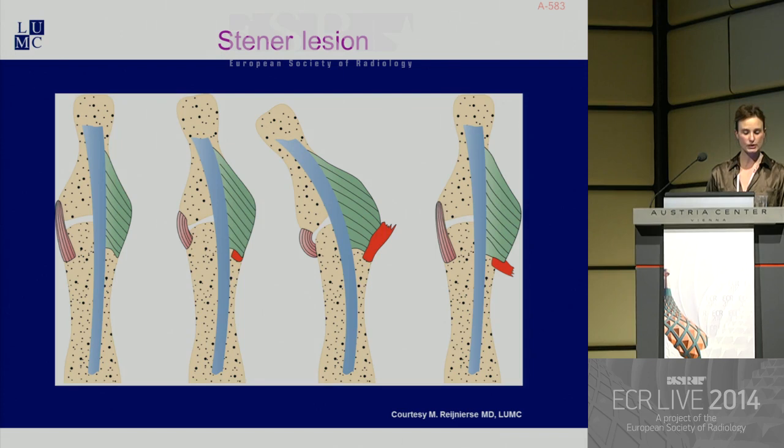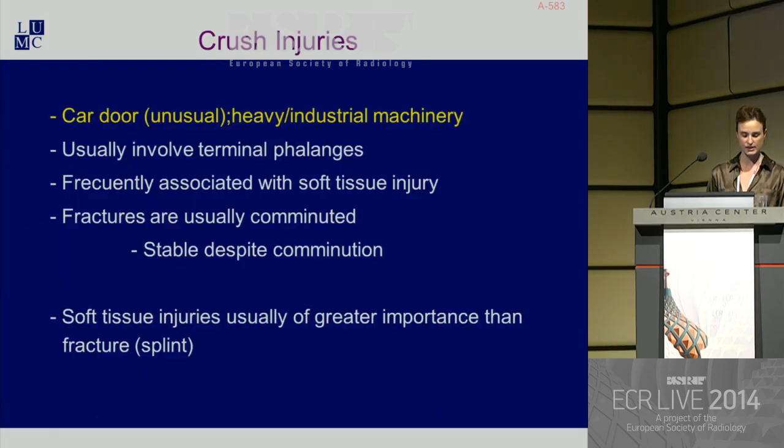The Stener lesion is something that we also have to take into account to make the correct diagnosis. When we have a complete rupture of the ulnar collateral ligament, this ligament can be retracted and lie superficial to the aponeurosis of the adductor muscle, and in this particular case, this patient should go to surgery in order to repair this damage.